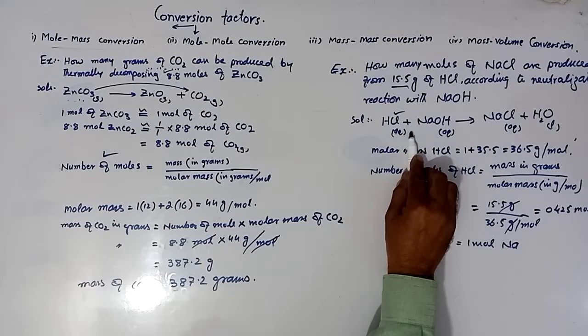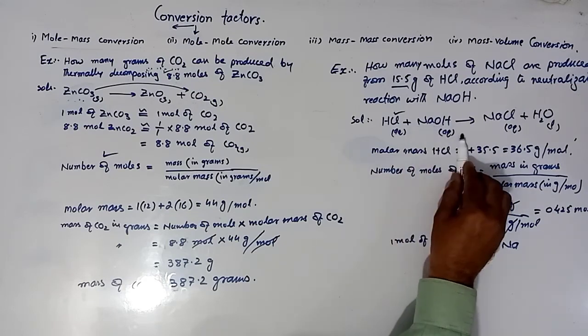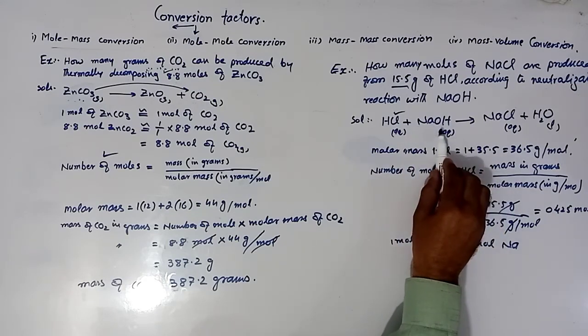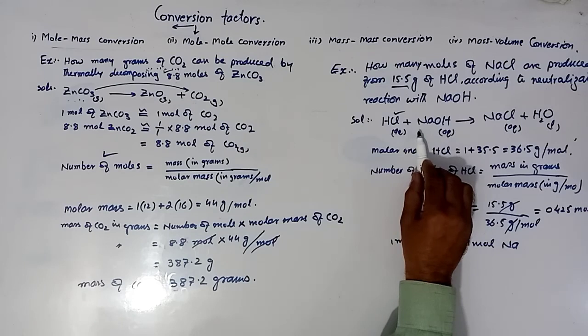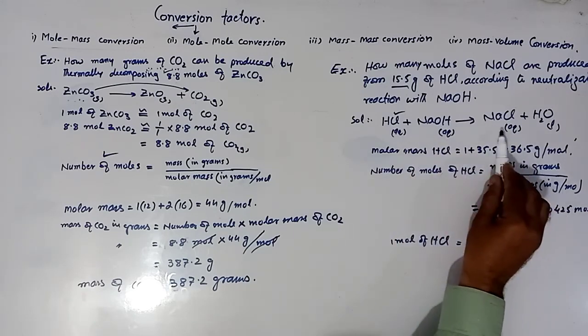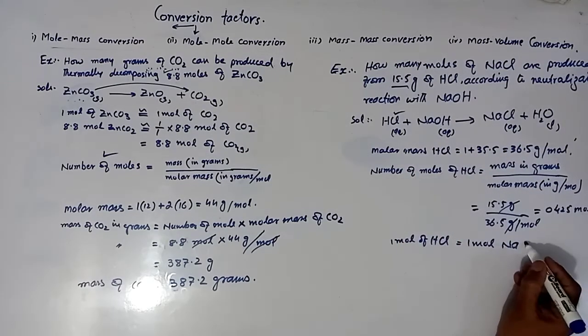By using the equivalency conversion factor from the balanced equation, we see that 1 mole of hydrochloric acid approximately gives 1 mole of sodium chloride.